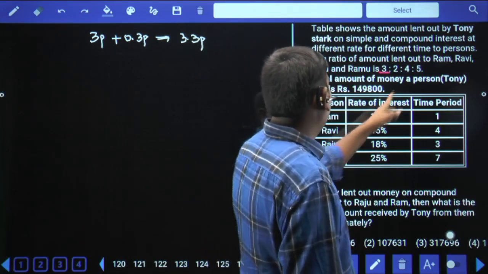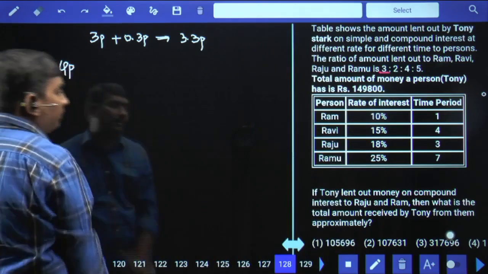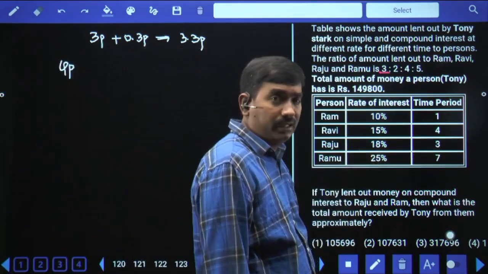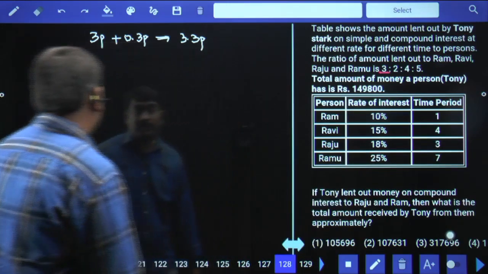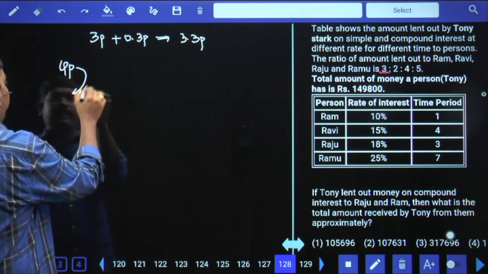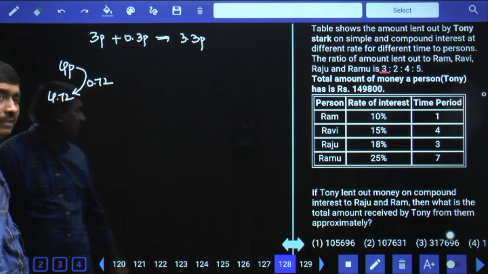And next one is Raju. Raju's principal is 4 parts. Rate of interest is 18% per annum and the time period is 3 years. So per year 18%, the first year it became 0.72. It is 4.72. That is the first year ending.